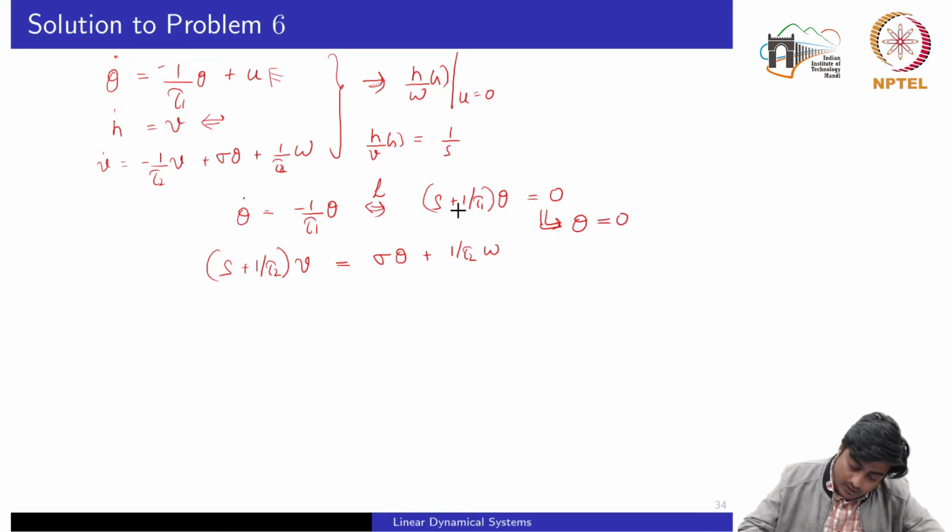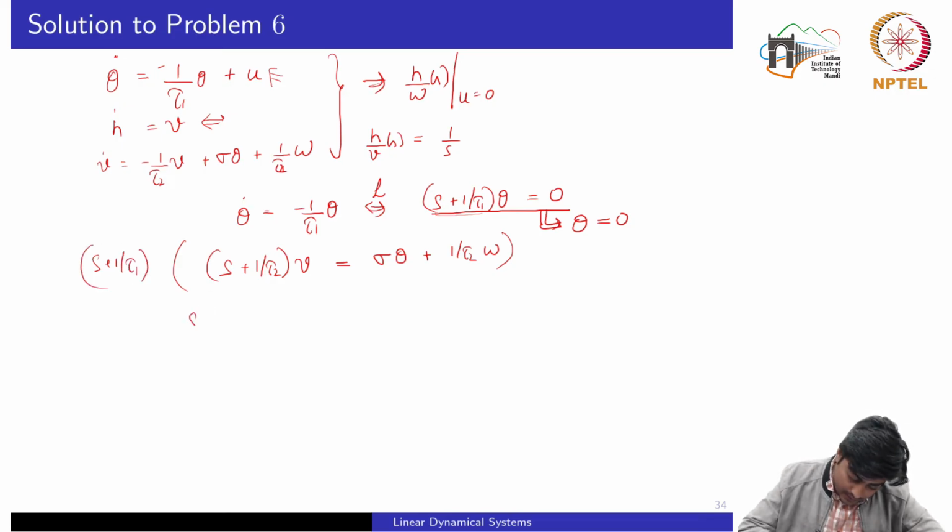But if I do not assume anything on the positivity or negativity of this tau 1, and this eigenvalue is on the right hand side, then it is no longer possible that theta would approach 0. But if the eigenvalue, or the root of this part, is on the left hand side, then theta would definitely be equal to 0. So without making any assumptions, we multiply the whole equation by s plus 1 by tau 1.